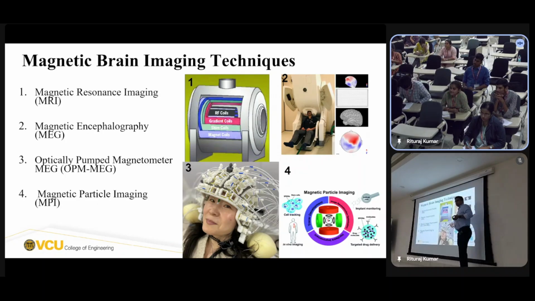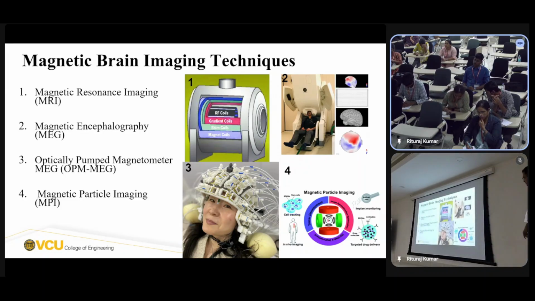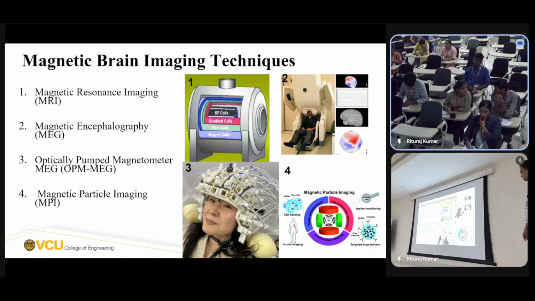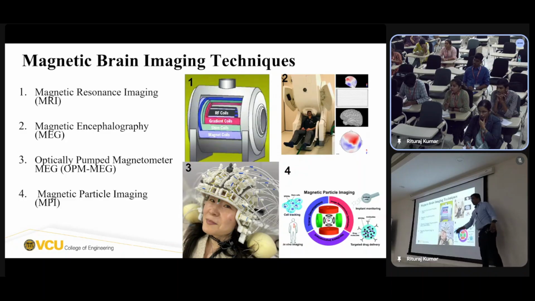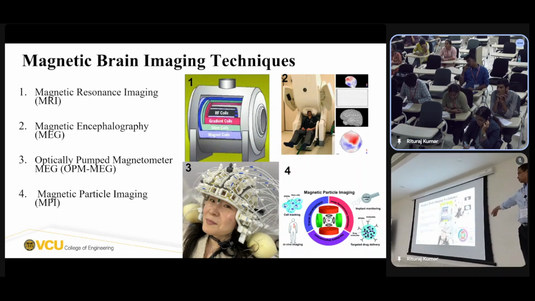It's optical fiber. So these are brain imaging techniques. For magnetic particle imaging, you have to inject magnetic nanoparticles into somebody's bloodstream, they go into the brain, and then you can image that person.